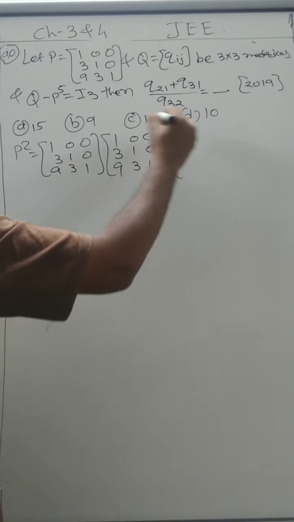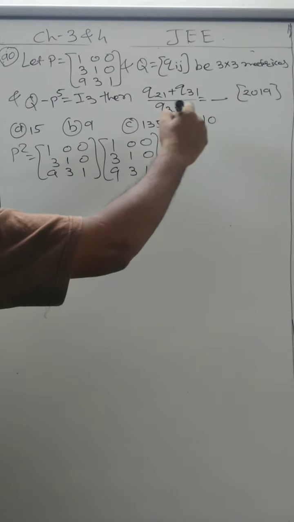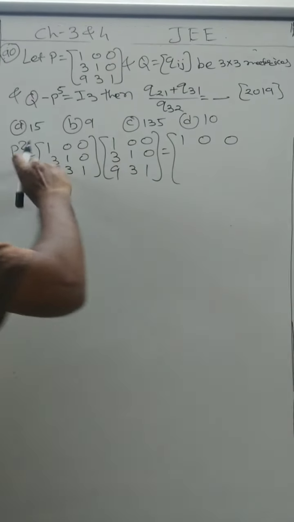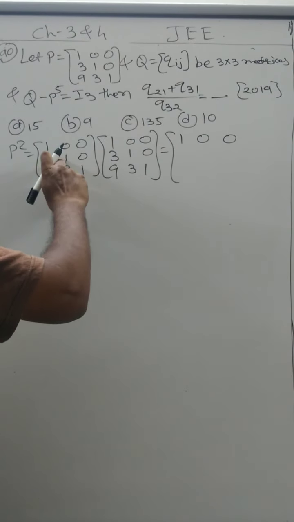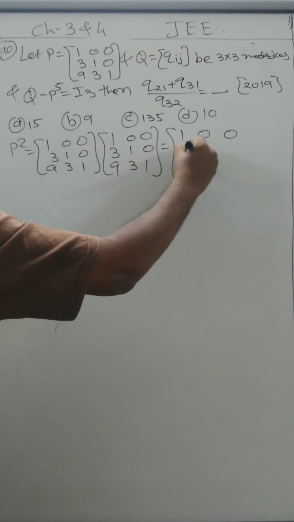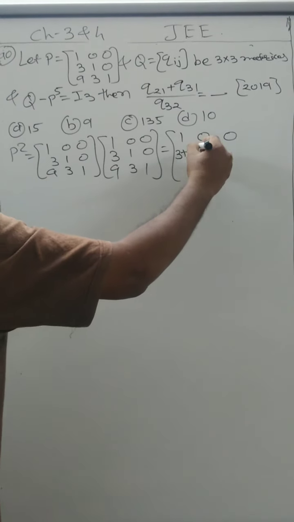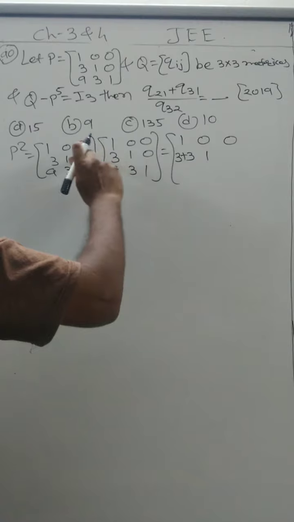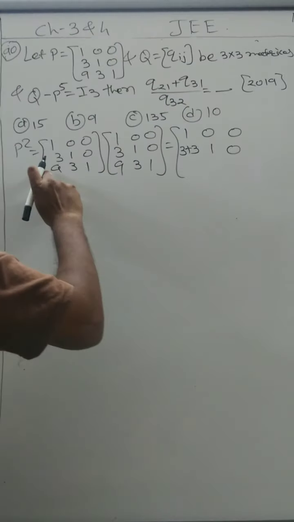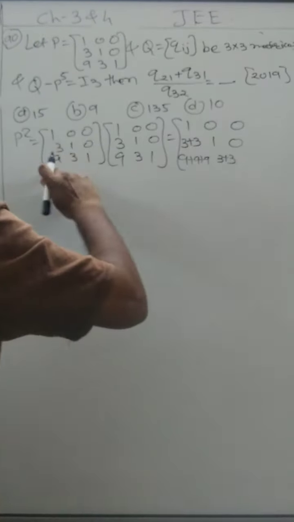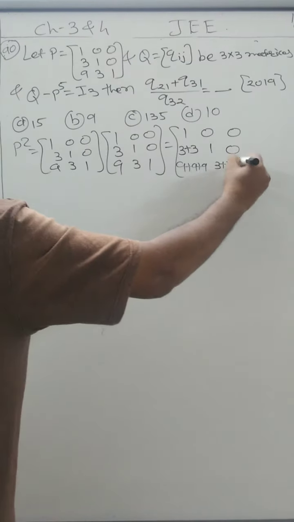It is equal to 1, then 0, then 0, then 3 plus 3, then 1, 0, then 9 plus 9 plus 9, then 3 plus 3 and 0, 0, 1.